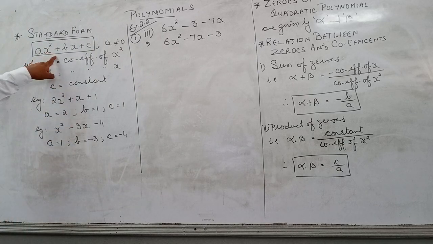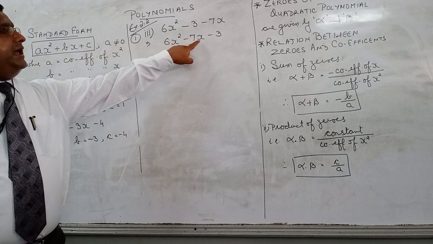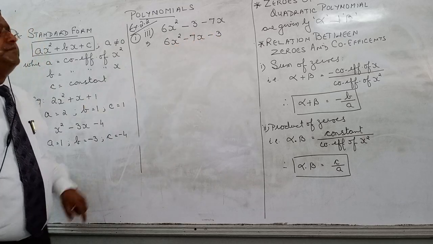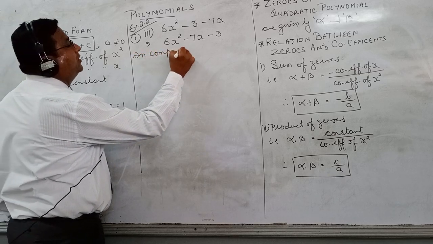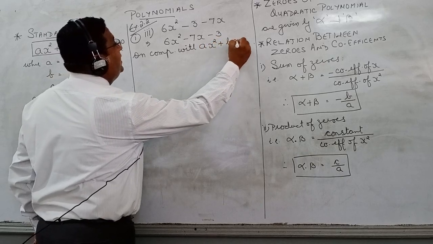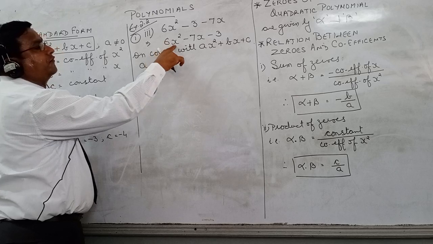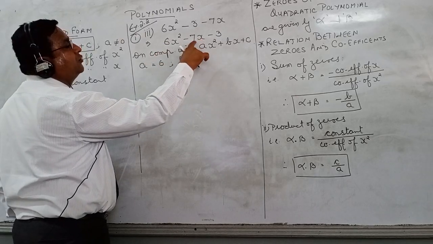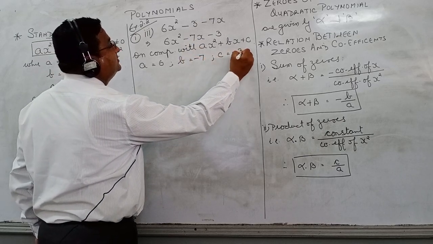Now can I compare it to the standard form ax square plus bx plus c? The only difference is that instead of plus, it is minus. So on comparing with ax square plus bx plus c, a is equal to 6, the coefficient of x square, b is equal to minus 7, the coefficient of x, and c is equal to minus 3.